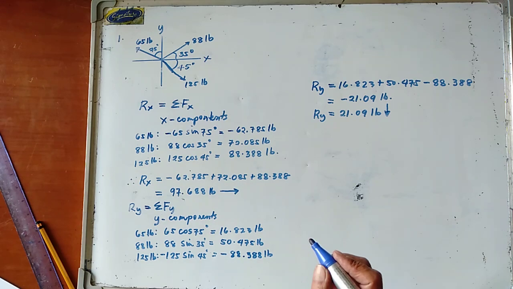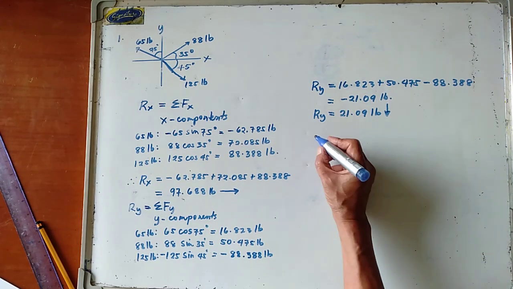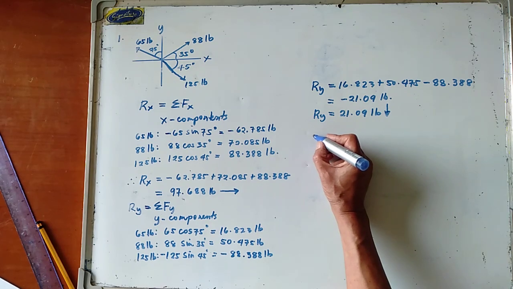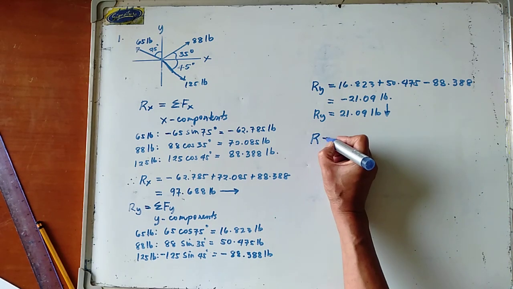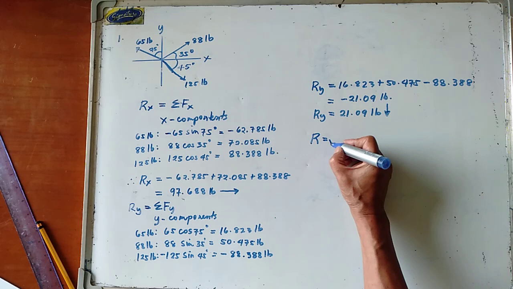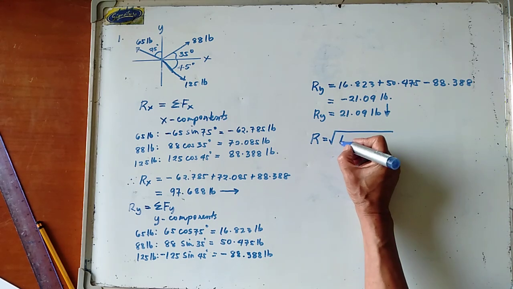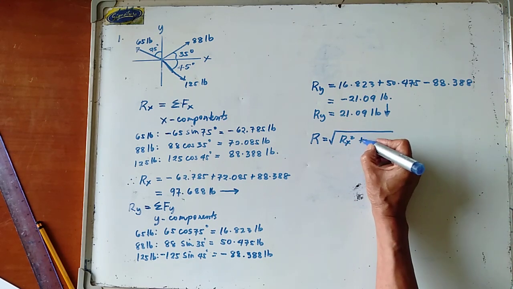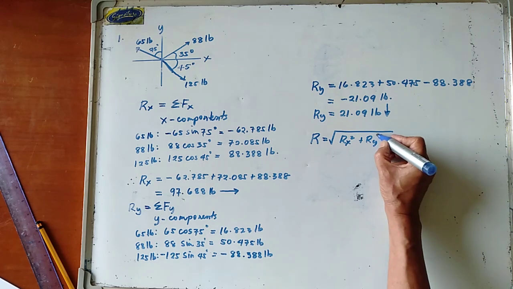So let's determine, therefore, your resultant R. The resultant R is equal to the square root of Rx squared plus Ry squared.